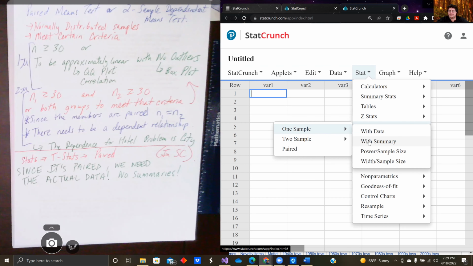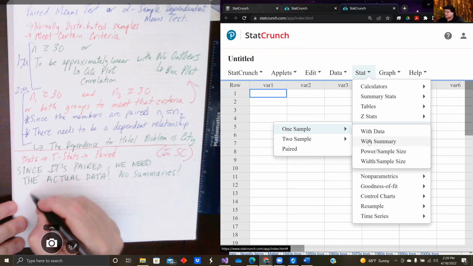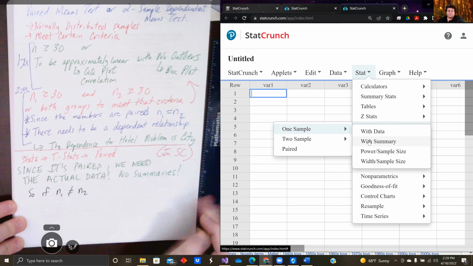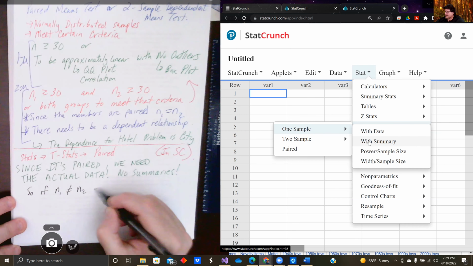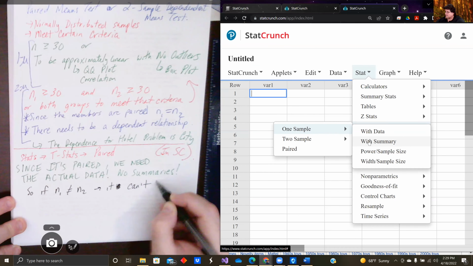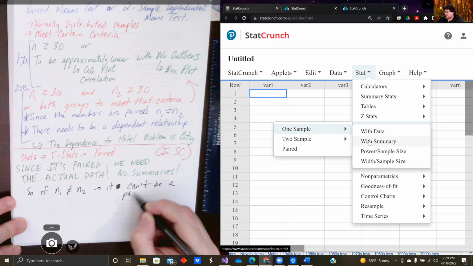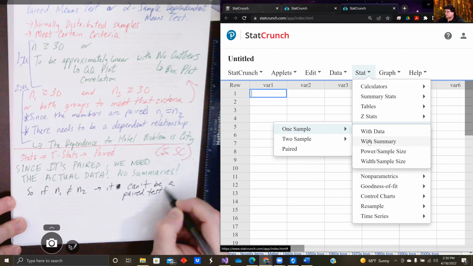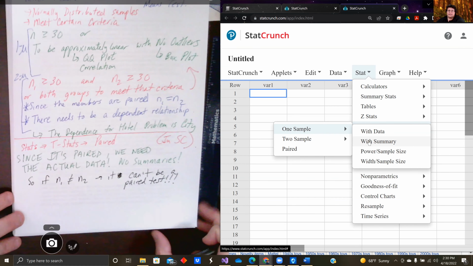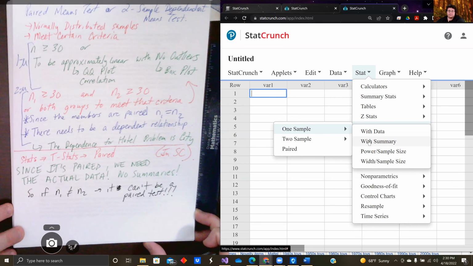This actual requirement can help you when you're trying to figure out what kind of test to use. So if N1 does not equal N2, there's different sample sizes, it can't be a paired test. Can't, because you have nothing paired. If they're different sizes, you've got no pairs.